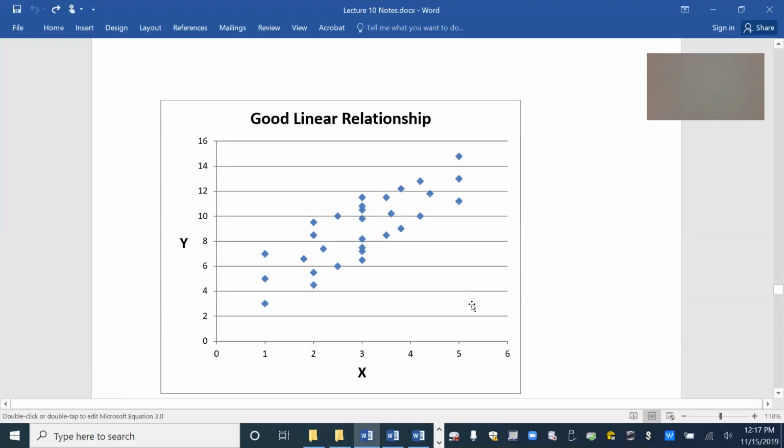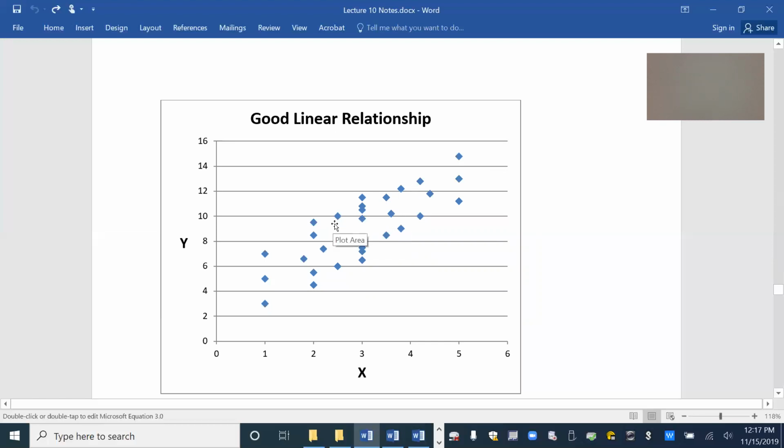We're stuck with good predictors, good linear relationship. I plot that data, that's a good linear relationship. The points are clustered around a to be determined line. We use something called the least squares method, which says, give me the line, out of the infinite number of lines I can put through this data, give me the line that has the smallest squared vertical distance of points off the line.